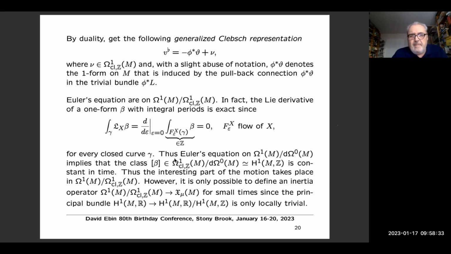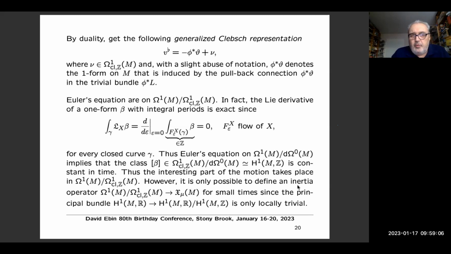So the Euler equations imply that the class of beta, in the first cohomology with integral coefficients, is constant in time. So that means that the interesting part of the motion in fluid dynamics takes place on omega 1 over omega 1 closed Z. I'm telling you things that I think people somehow know, but nothing has been explicitly written.